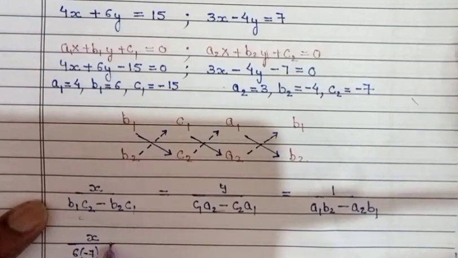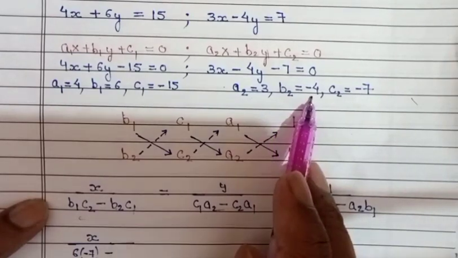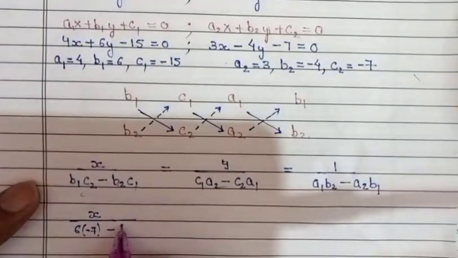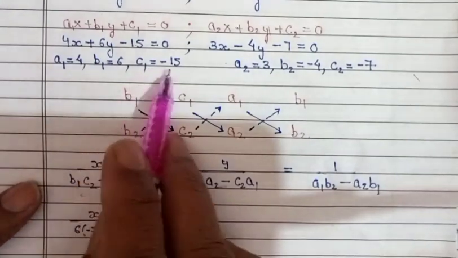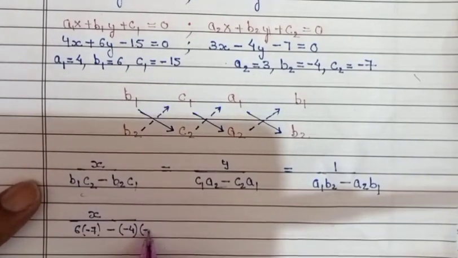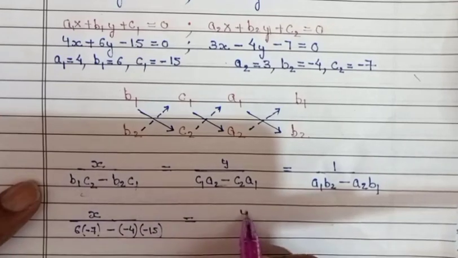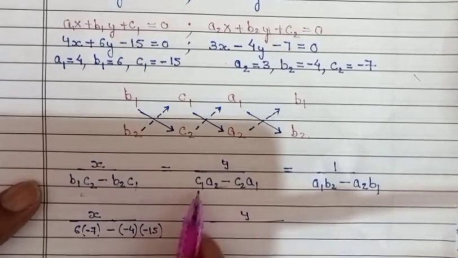Then you will be subtracting b2 c1. So b2 is minus 4 into c1. c1 is minus 15, is equal to y upon, now we have c1 a2.